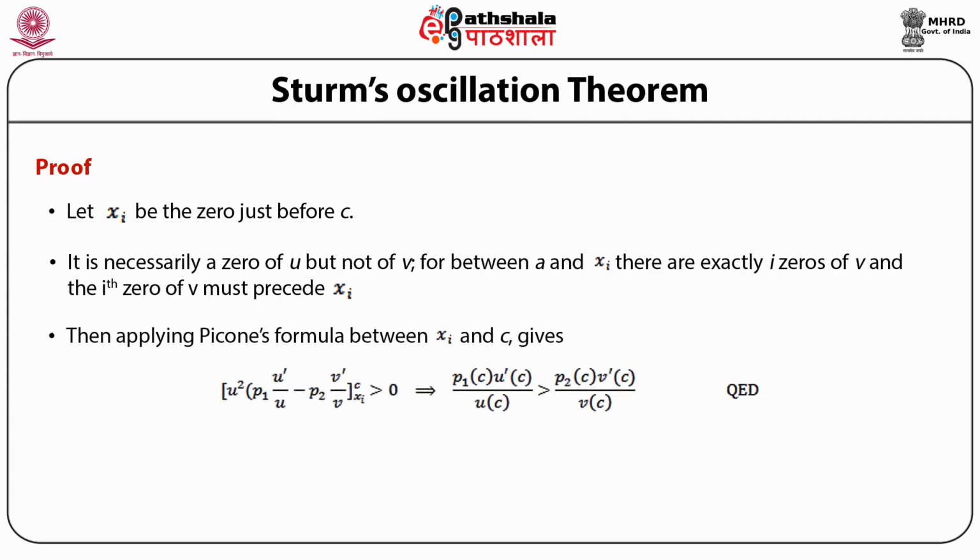Then by Picone formula applied between xi and C, we get within the square brackets U square multiplied by within the circular brackets P1 U prime by U minus P2 V prime by V, circular brackets close, square bracket close, with the limits xi to C is greater than 0, which implies P1 of C into U prime of C divided by U of C is greater than P2 of C into V prime of C divided by V of C. Hence, the second comparison theorem is proved.